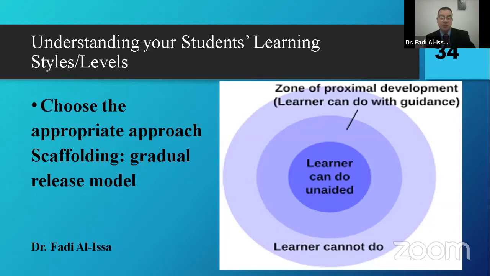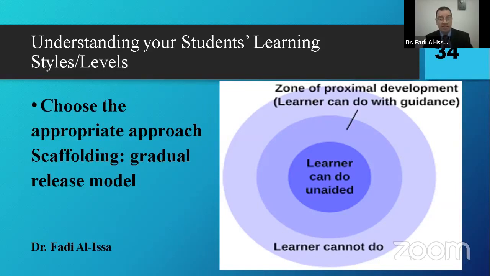And here, usually what we say is scaffolding. You can use scaffolding to assist students to achieve your objective. We could use scaffolding to help students master a certain skill. And one of the ways that we could do it is through the gradual release model.